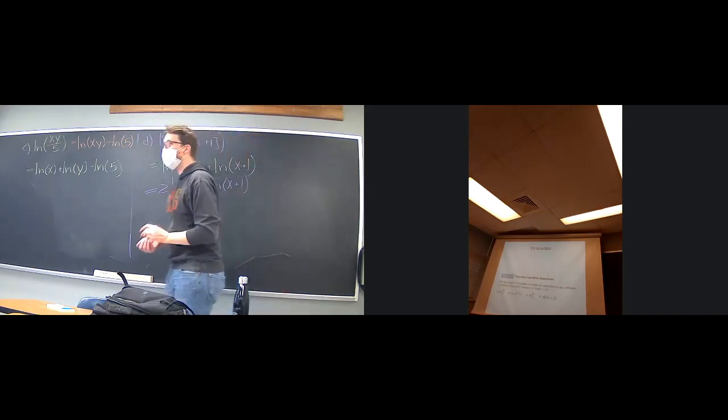So for A, who got the ln of 10 minus 9? The ln of 9. For B, 1/2 the ln of the quantity x squared plus 1. Anybody get that? Wouldn't that just be the square root of x squared plus 1? Not quite.